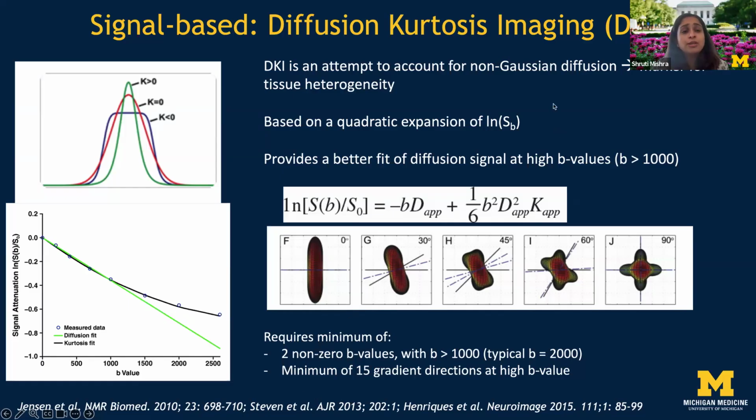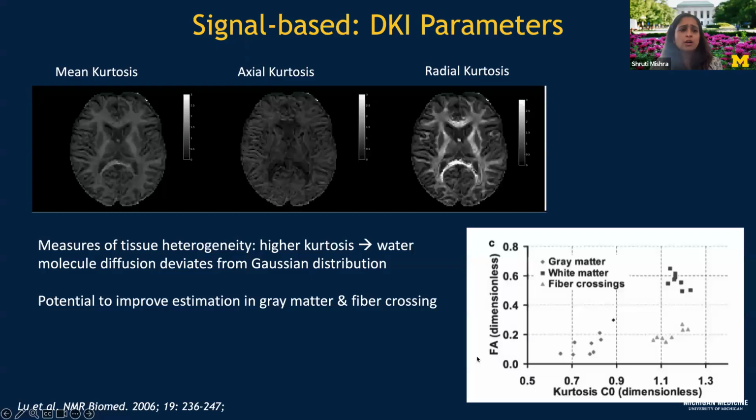In order to do a kurtosis fitting, you do require more complex diffusion data. That includes data with higher b-values and a larger number of gradient directions. And we get scalar measures from the kurtosis tensor, such as mean kurtosis, axial kurtosis, and radial kurtosis.